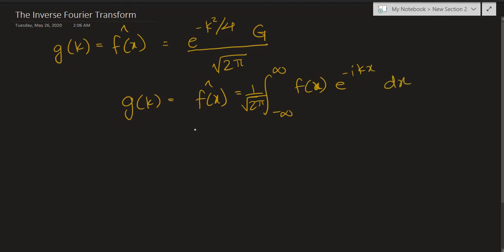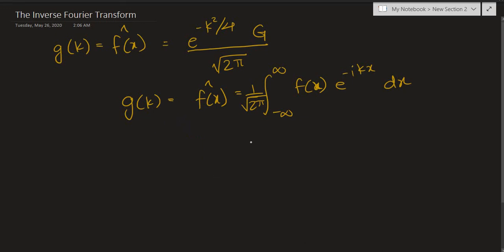And so if you are inverting the Fourier transform, basically the inverse Fourier transform of g of k now will just be f of x.